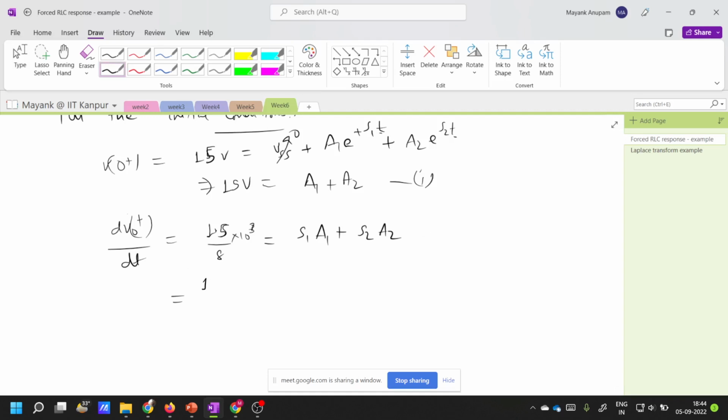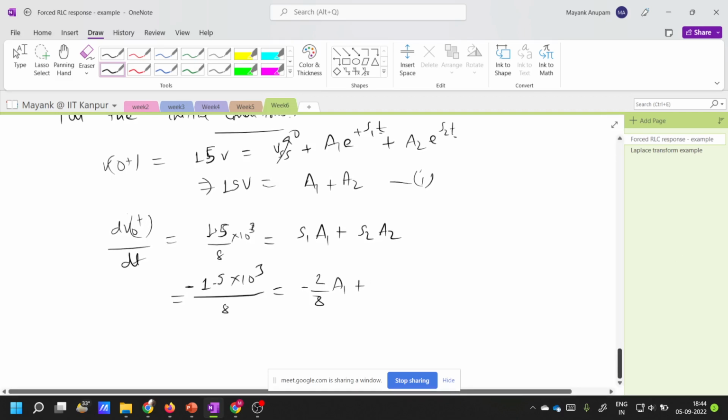So let me write it clearly. 1.5 into 10 to the power 3 divided by 8 is equal to S1, which is 2 by 8, minus 2 by 8 A1 plus, by the way, minus 198 by 8 times A2. Tell me what will be the values of A1 and A2?